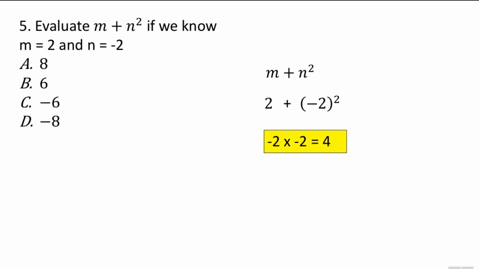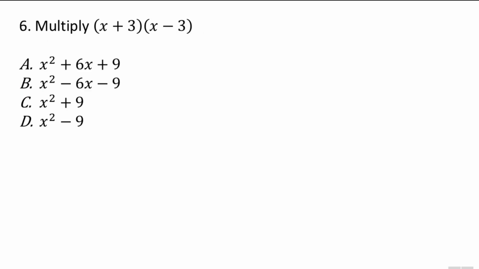Alright, so negative 2 times negative 2 is equal to a positive 4, which means I'm really just adding 2 plus 4, which is equal to 6. So my answer is B. Lovely. I hope you got this question, guys.